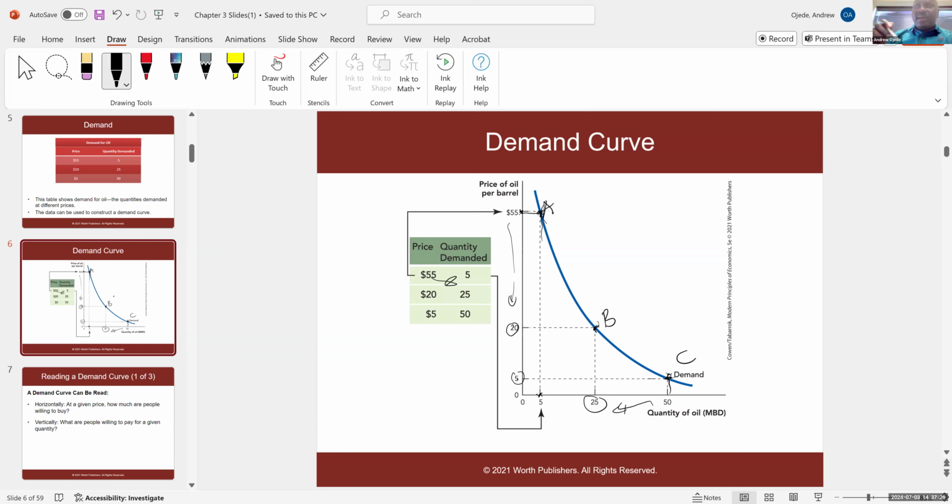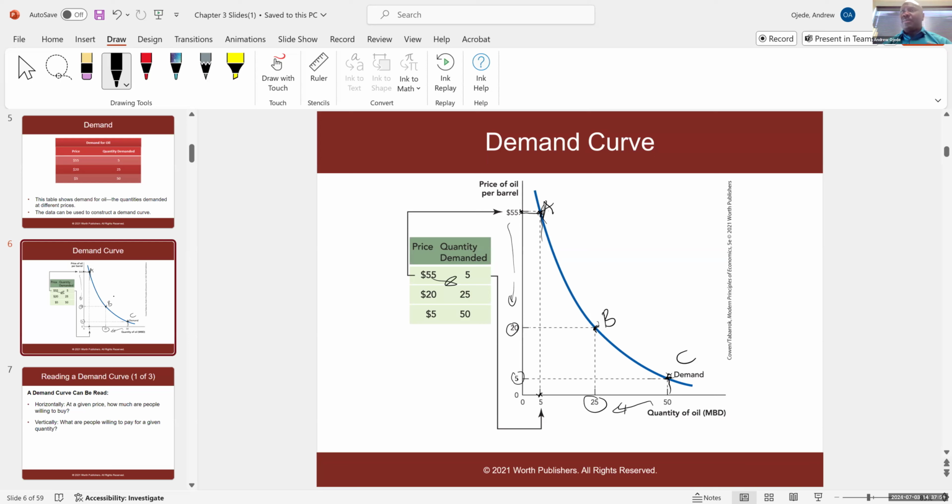Later on, I'm going to talk about other factors that affect demand, because even though price is the most important determinant, it is not the only one.